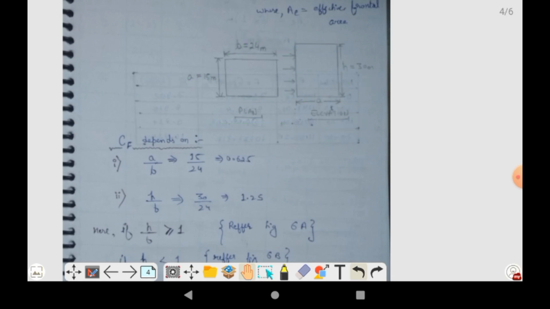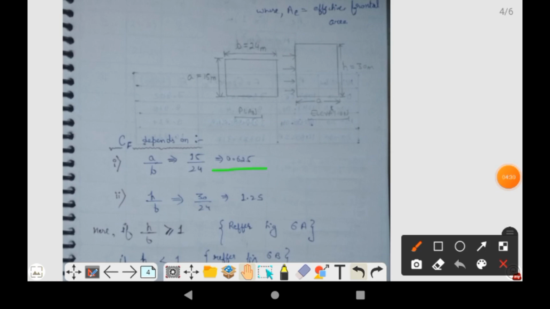Now, to find the value of A upon B, putting these values in this formula, that is 15 by 24, it is 0.625. For the H upon B ratio, we put the values in this formula and we will get 1.25.